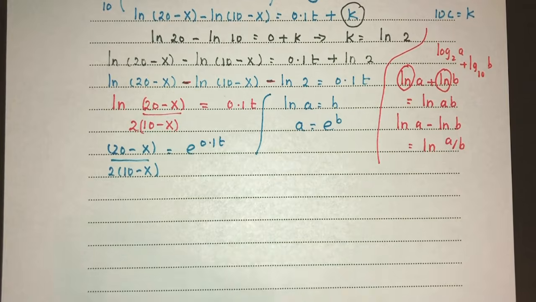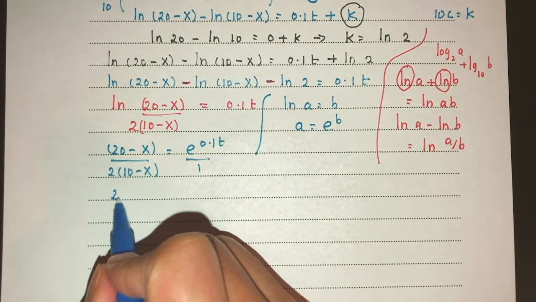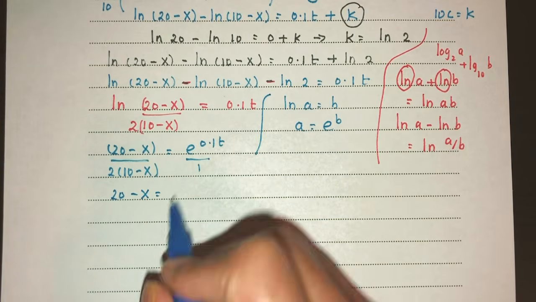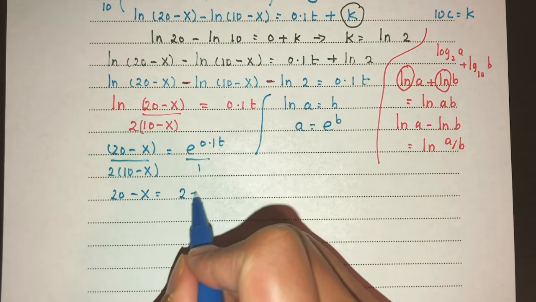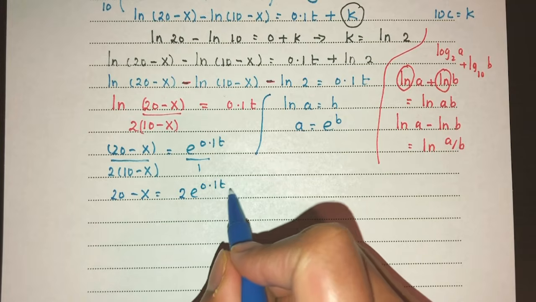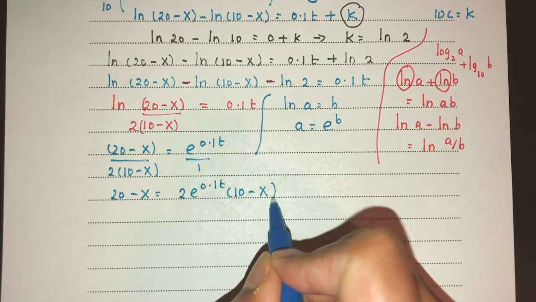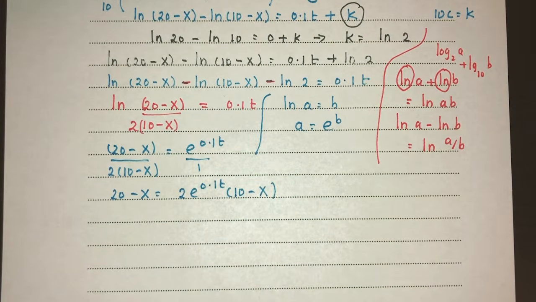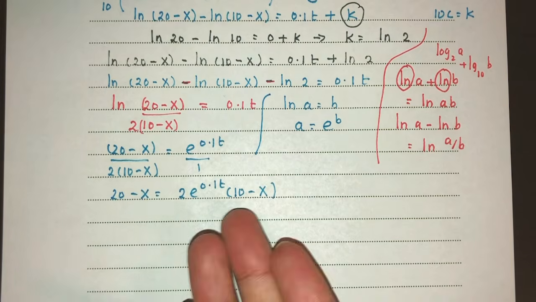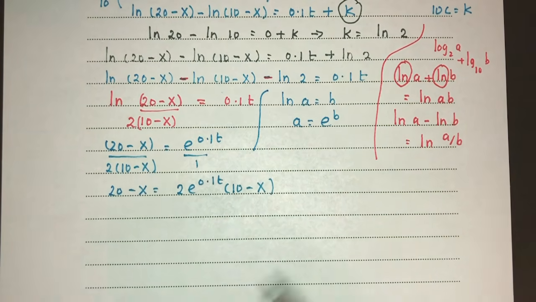Okay, so now we have to simplify and cross multiply to see what happens. You will have 20 minus x is equal to 2 exponential 0.1t times (10 minus x). The goal here is to make x the subject of the formula, so we have to expand and simplify. So let's do this here.